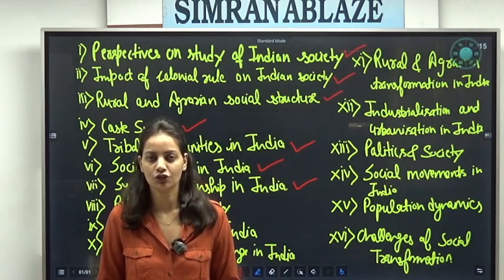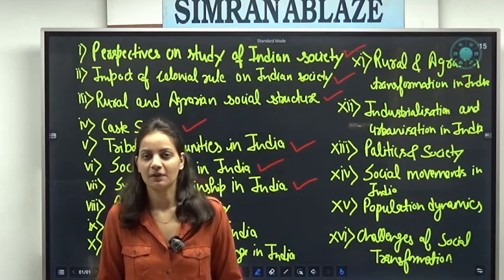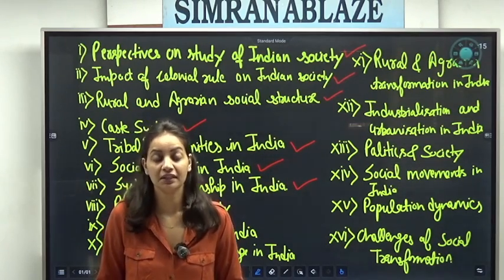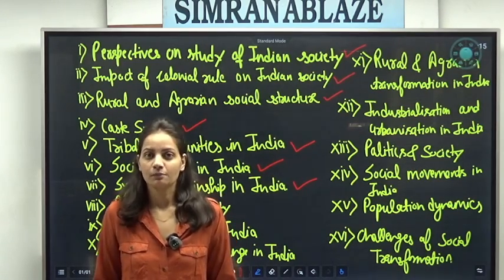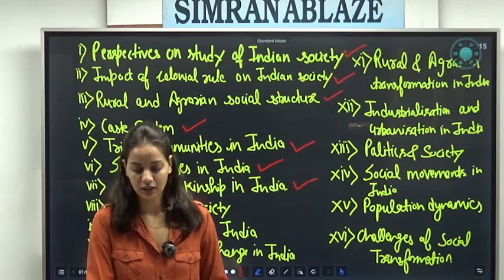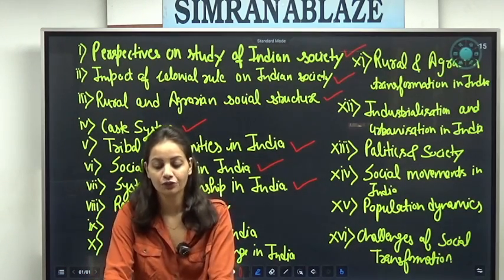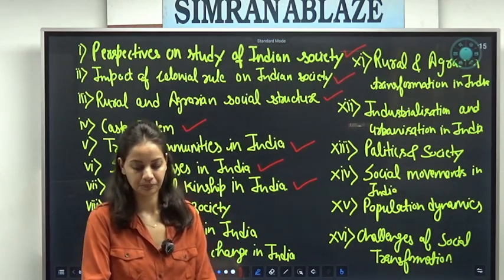We also study the kinship system in paper 1, but here we are studying it in a specifically Indian way. We will be studying the different forms of marriage which are prevalent in India. We will study about patriarchy, about kinship specific to Indian society. Here we will study family and marriage, household dimensions of the family, patriarchy, and sexual division of labor from the Indian context.